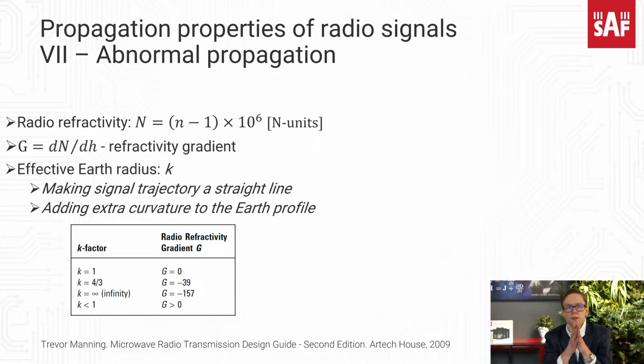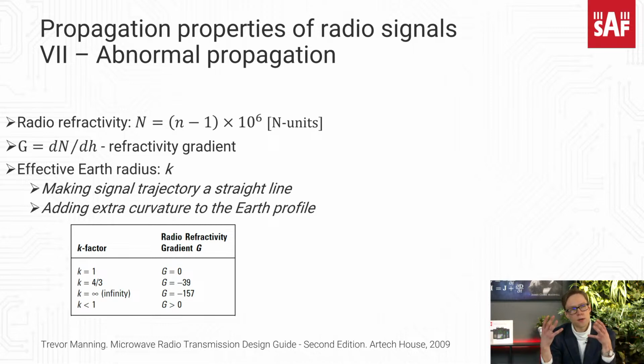The main point of this k factor is that it artificially makes the signal trajectory a straight line. As we know, the signal is not propagating in a straight line in the atmosphere. It bends downwards. But when we evaluate the diffraction, when we have to take into account the first Fresnel zone clearance and whether any obstacle is going to interfere with this zone or not, it becomes very difficult if you try to draw it on paper or model it in a simulation program.